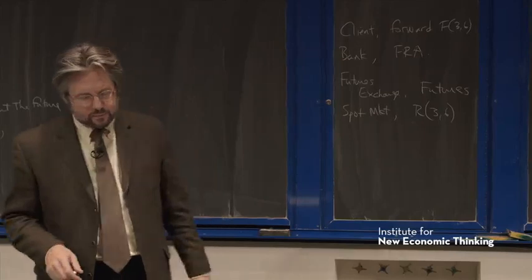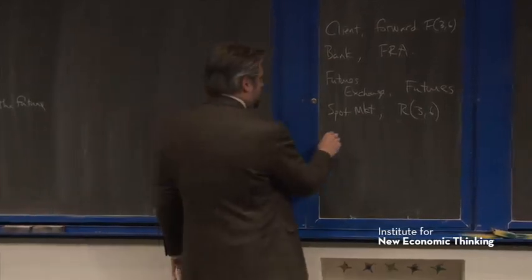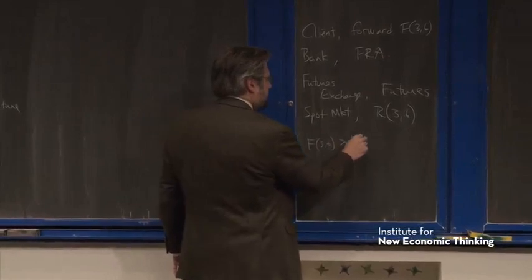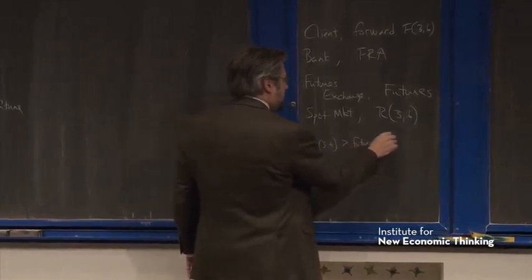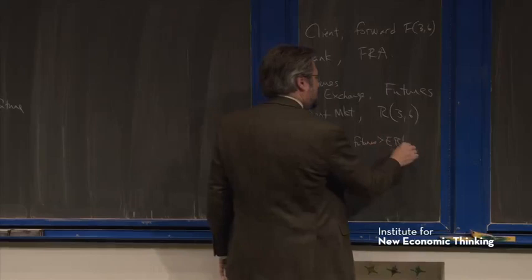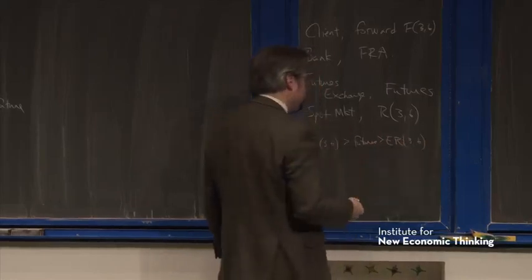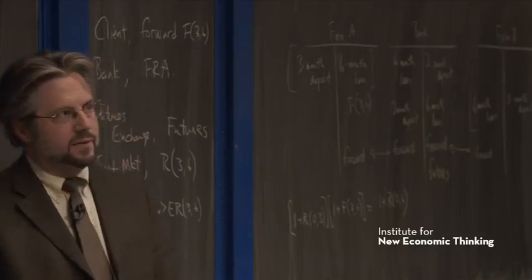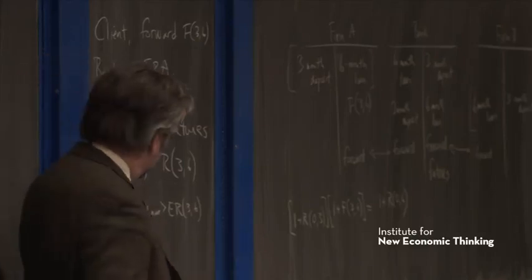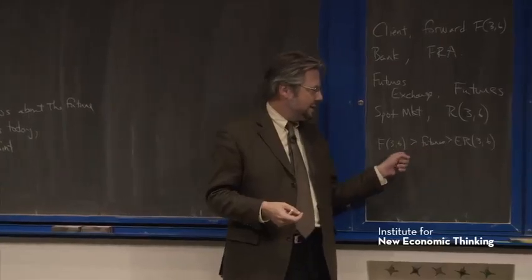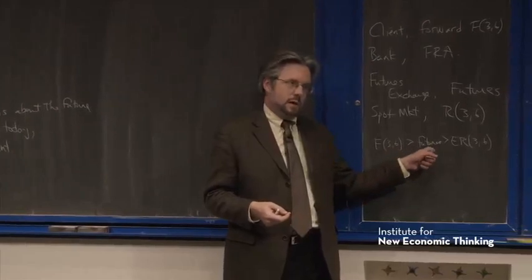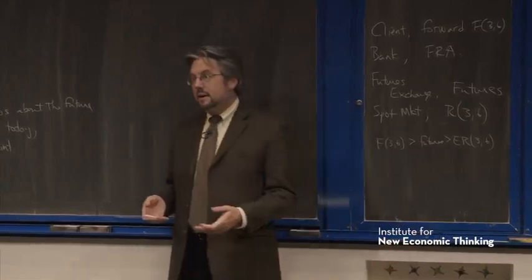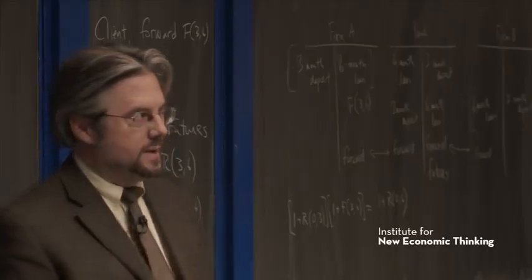So I'll write that: F36 greater than futures greater than expectation of R36 is a kind of stylized fact about the world. The difference between forwards and futures is quite small compared to the difference between forwards and expected spot, but there empirically is one.